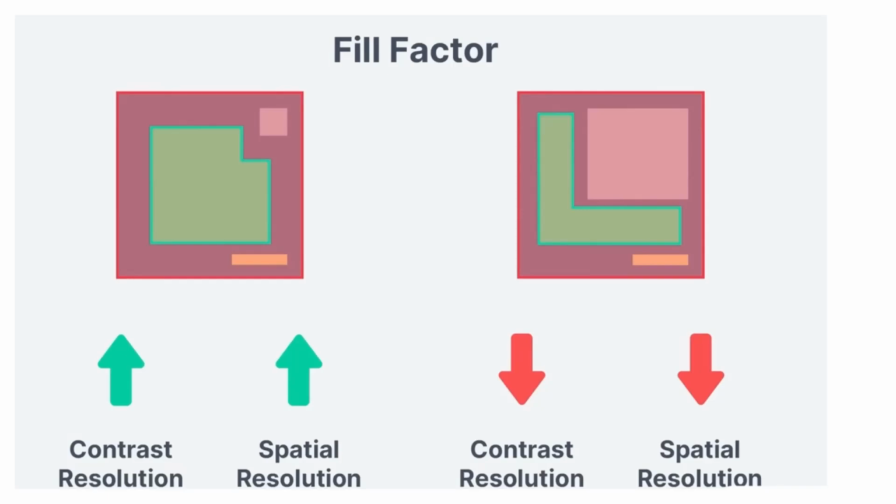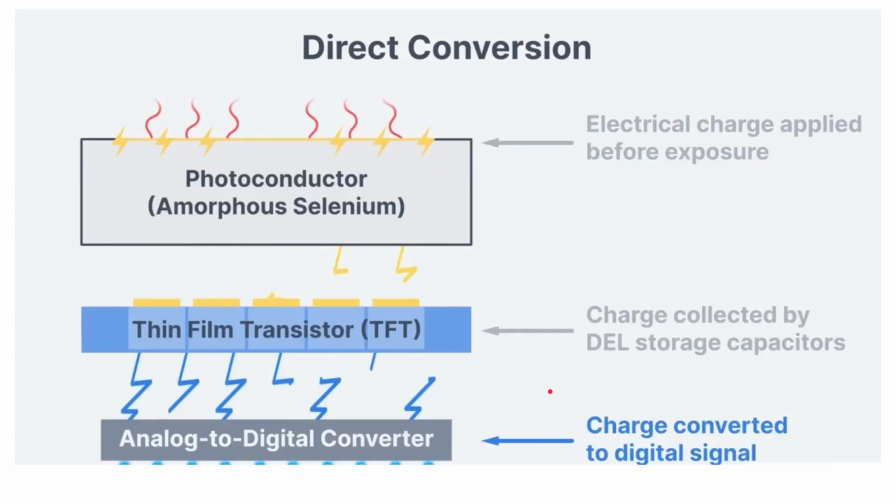So look at the fill factor: as your fill factor goes up, your contrast resolution is going to go up and your spatial resolution goes up. In this example, it's got a very small fill factor. So it has less contrast resolution and a lower spatial resolution. We're going to get into contrast resolution and spatial resolution a little further into this discussion.